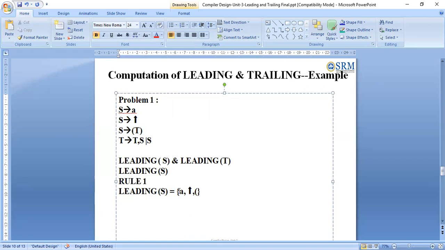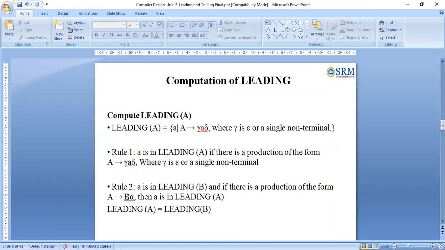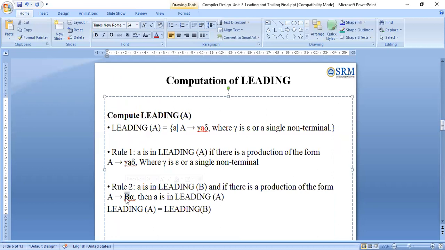Then is this problem finished? No, we have to apply rule 2. As per rule 2, leading of S equals, do you have any non-terminal symbol here? No. Here? No. Here you have a non-terminal symbol, but at the second position. As per our rule, we have to take the first position.